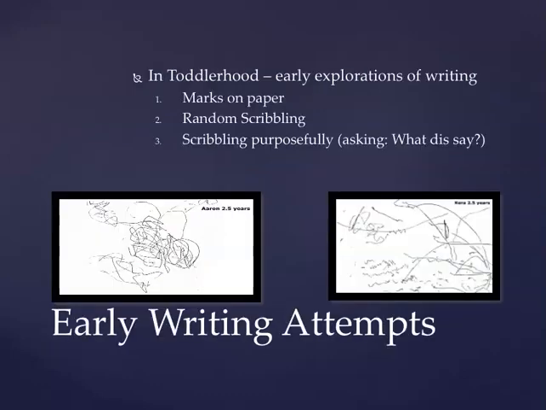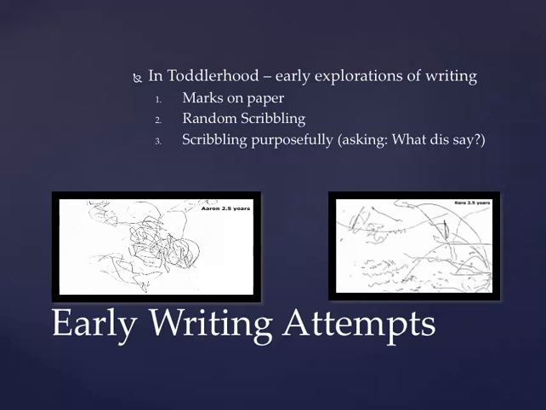So from this, they have also looked at the early writing or early literacy attempts that the child can make. And in toddlerhood, the early explorations of writing tend to move from, and these are all sort of fluid phases or stages through which the children can go, right?